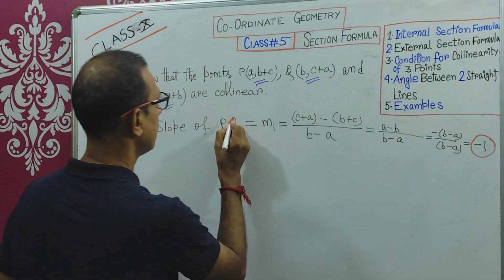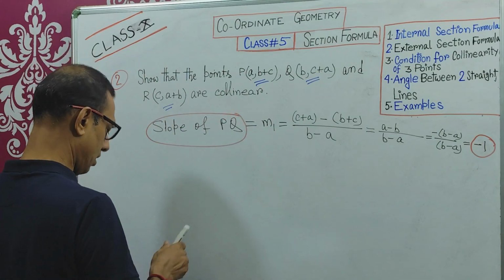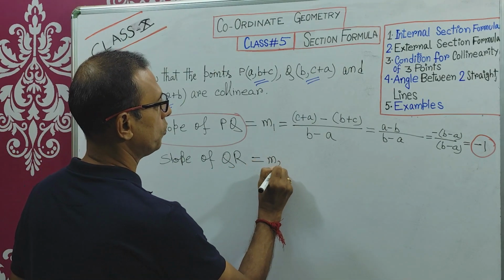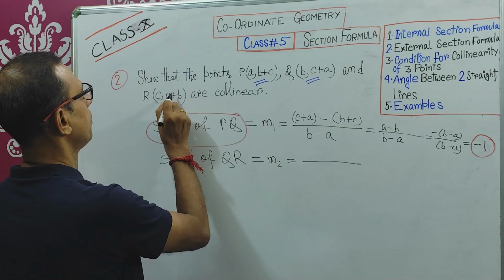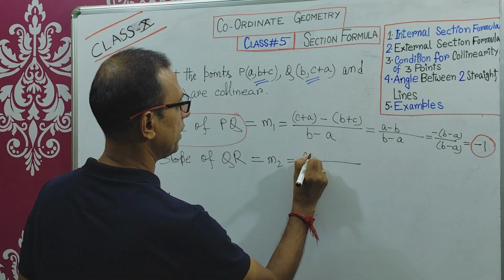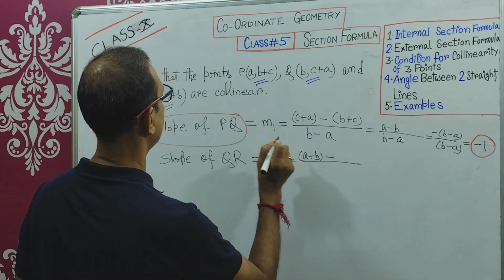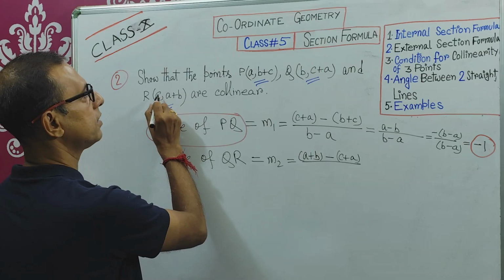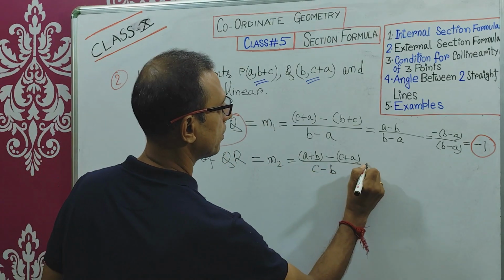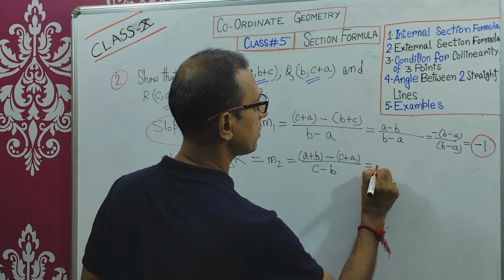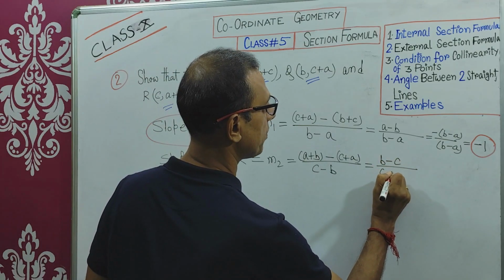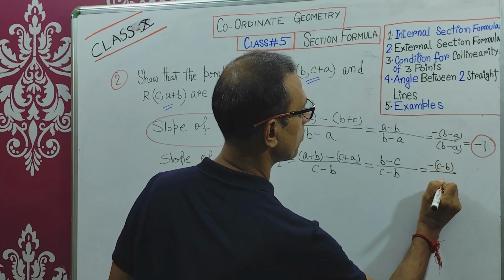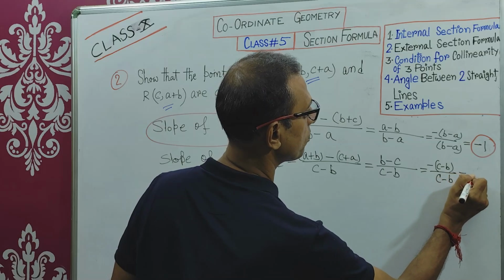Slope of PQ that is minus 1. Now we will find slope of QR. Let's say slope of QR, that is M2, that is equal to y2 minus y1, so A plus B minus of C plus A by C minus B, that is equal to A cancel A minus A, that means B minus C by C minus B. Similarly, minus of C minus B by C minus B, that is equal to minus 1.